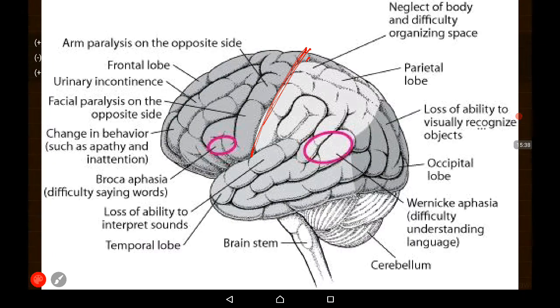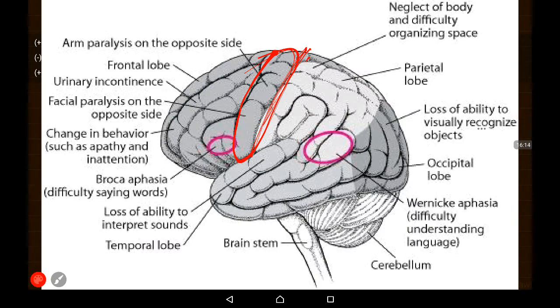Anterior from the central sulcus, we may see the Precentral Gyrus here. The Precentral Gyrus is responsible for the control of movements in the different parts of the body.